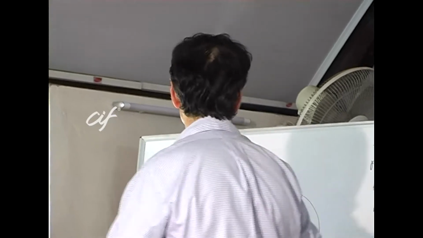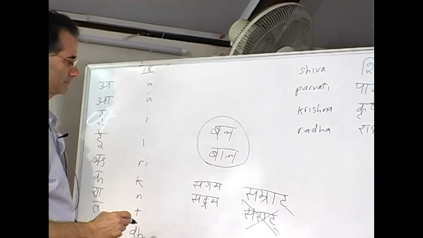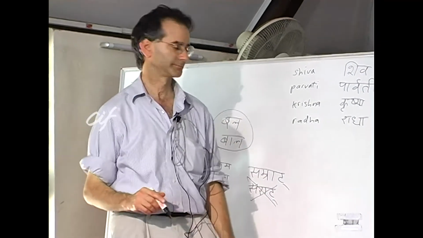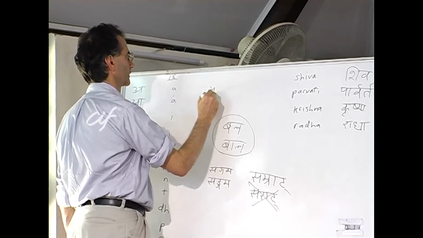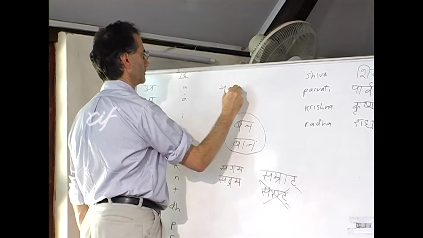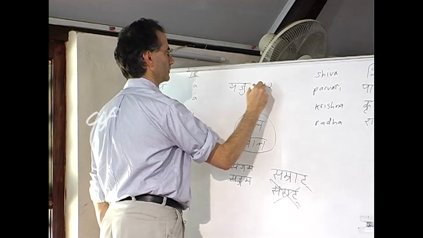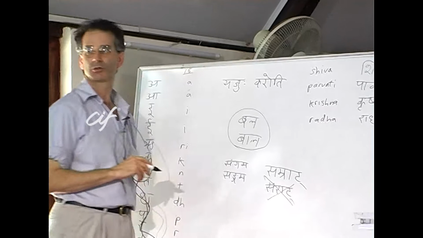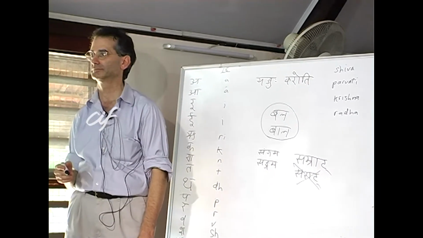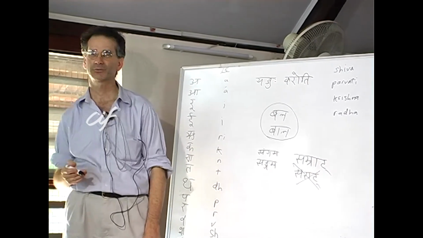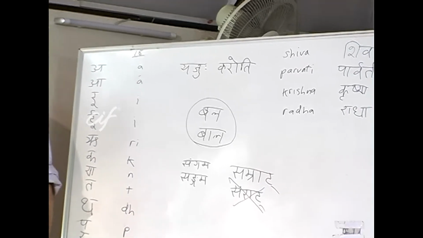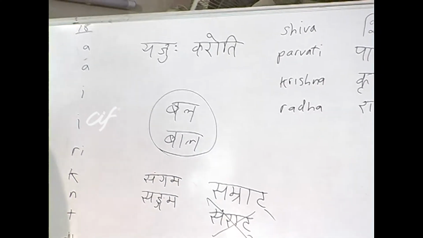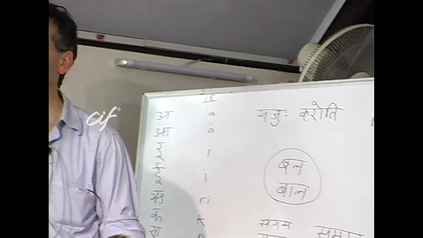So, for example, something like yajuhu karoti. Okay, he performs, or, well, maybe I should say yajuhu patati. Anyway, that's yajuhu karoti. He makes, or composes, a yajus.